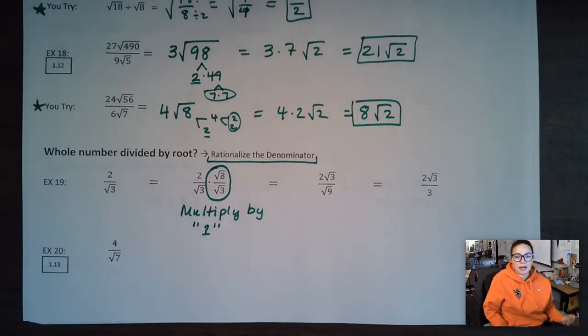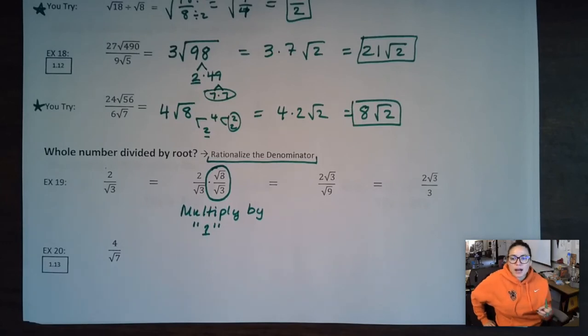We multiply by 1. Now, 1 can be a lot of different things. 1 is 1, but basically any fraction where we have the same number on the top as we do on the bottom is 1.